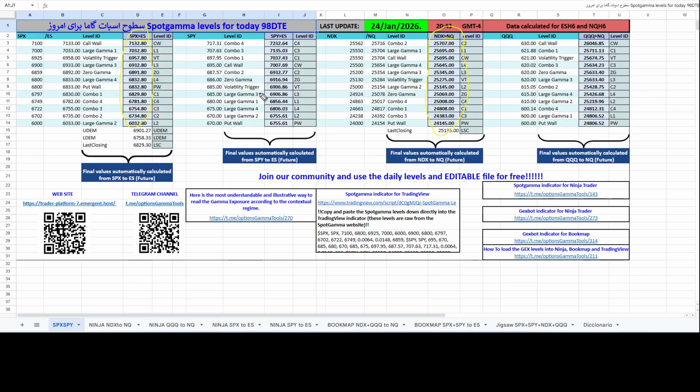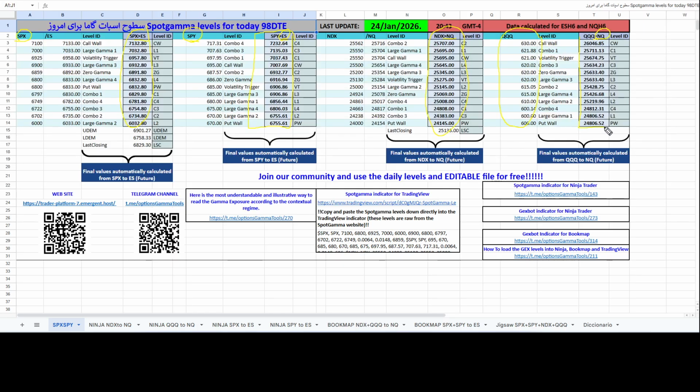Also, I load the ratio spread between SPY and ES. This number is the ratio between SPY and SPX. It is also calculated for QQQ, and this data is transformed for NQ.